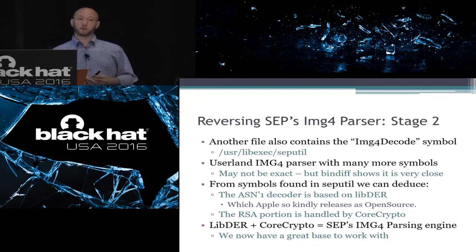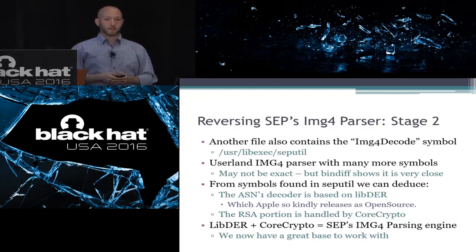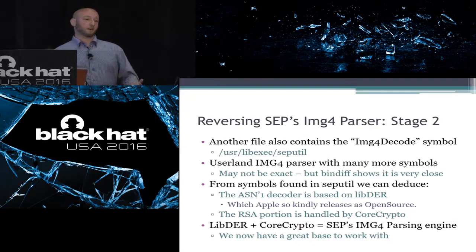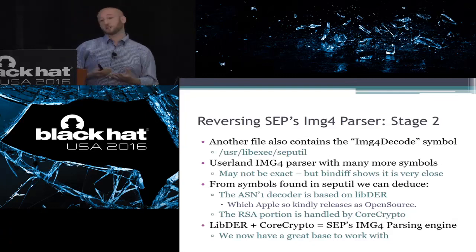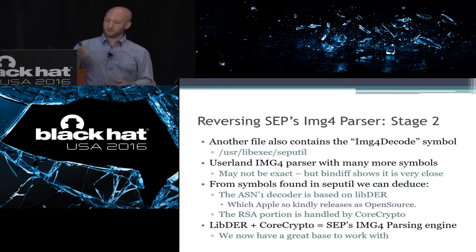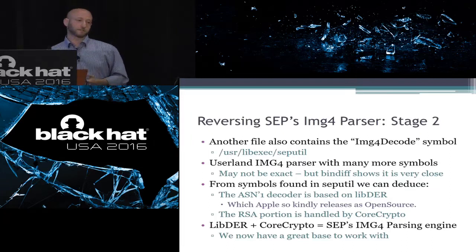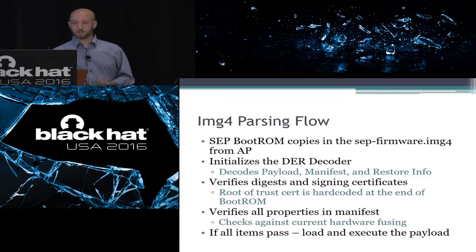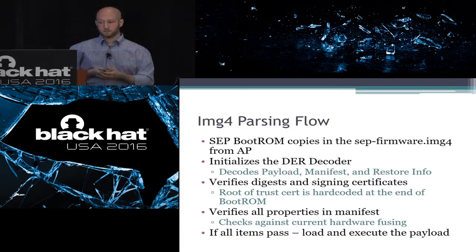So we got a bunch of fun information from that. And in addition, the RSA portion, the PKI, is done by Core Crypto, which, while not fully open source, is reviewable. So now we have a pretty good idea of what the actual Image 4 parser is doing.